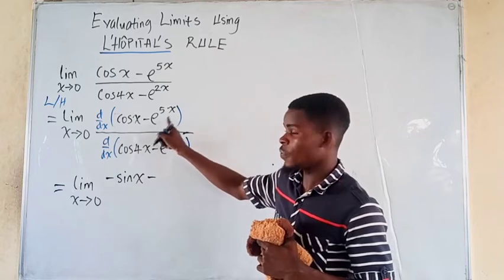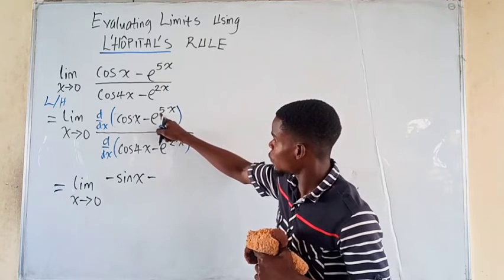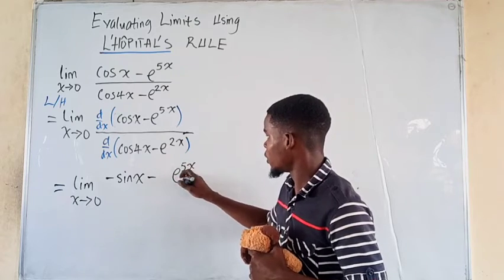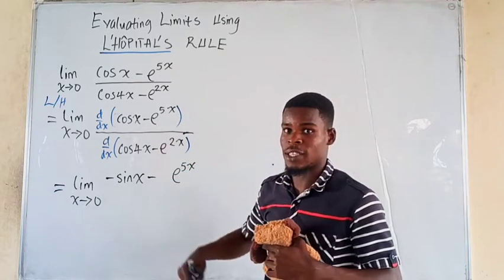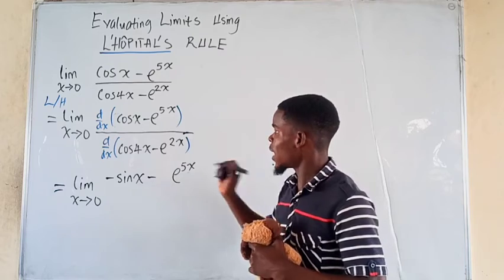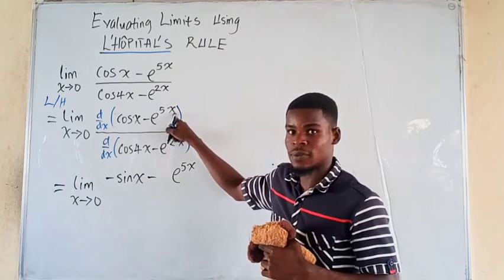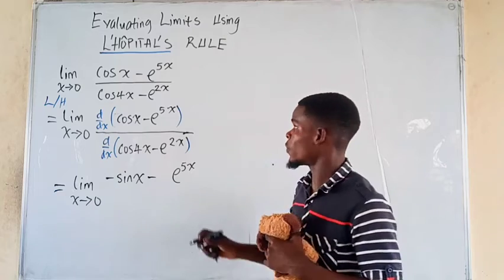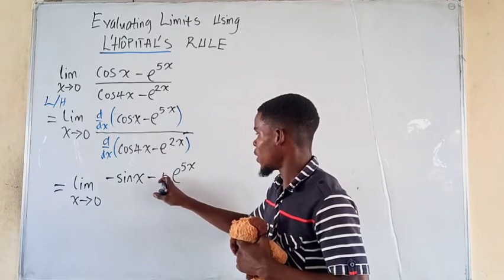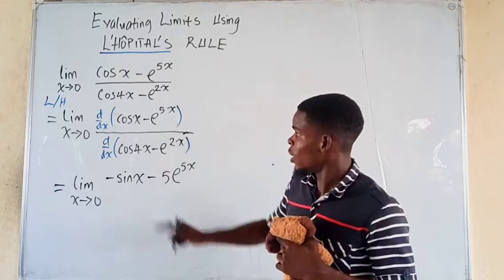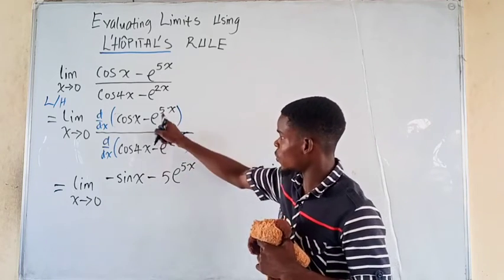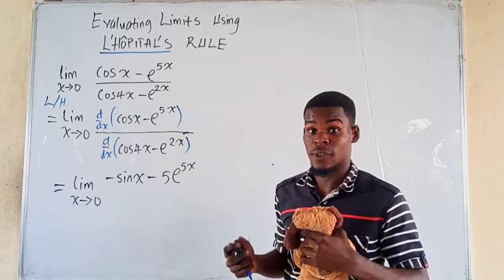The derivative of e raised to the power of something is e raised to the power of that thing times the derivative of the power. The power here is 5x, so the derivative of 5x will just give us 5. That is by the chain rule. You differentiate the whole function, keep it, and then multiply it with the derivative of the power, since it is a function of x.